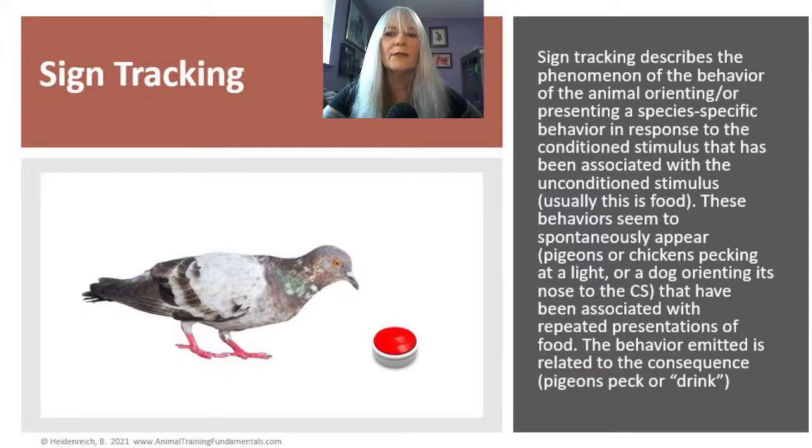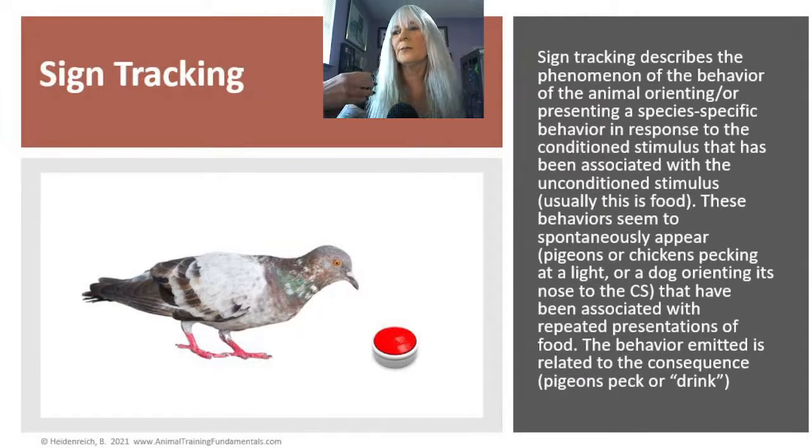Sign tracking describes the phenomenon of the animal orienting or presenting a species-specific behavior in response to the conditioned stimulus that has been associated with the unconditioned stimulus. So why did that animal orient towards that thing? This is what they call sign tracking.